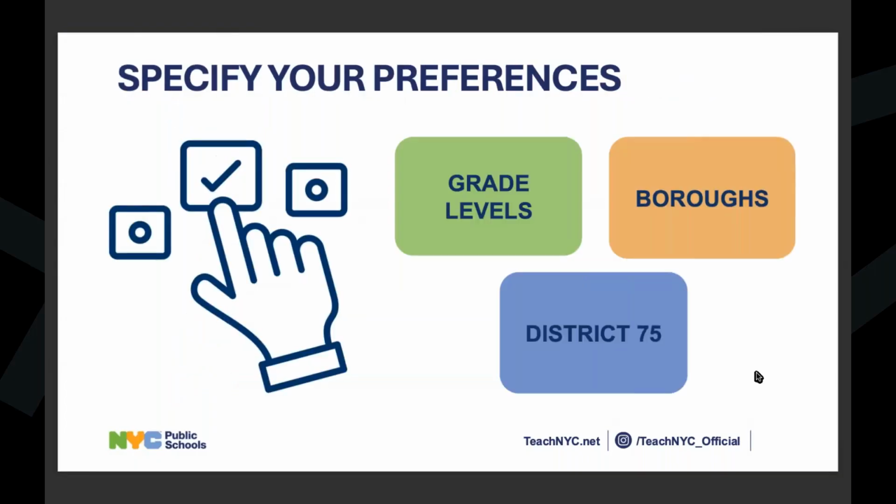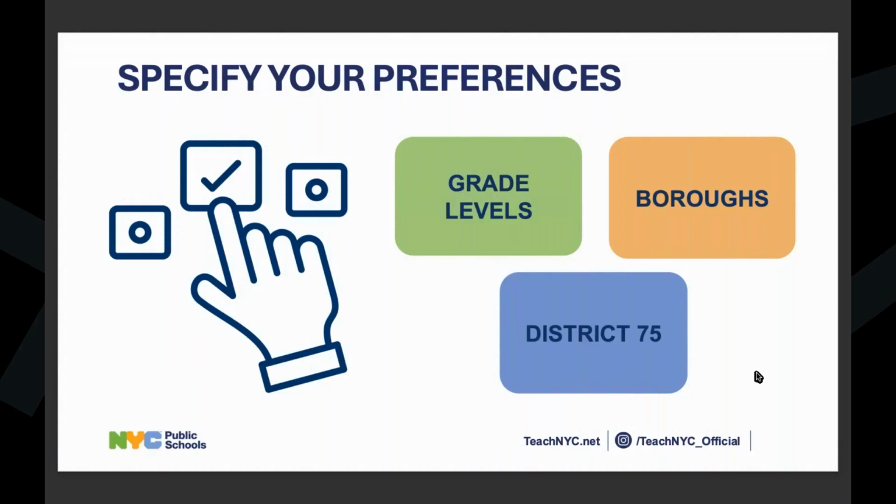As part of your job search profile, there are multiple questions that allow you to specify preferences for grade levels, boroughs, and program type. You'll be able to select your grade level preferences in this part of the application. This preference should match your certification areas, so don't select a preference for a grade level that you are not certified to teach.